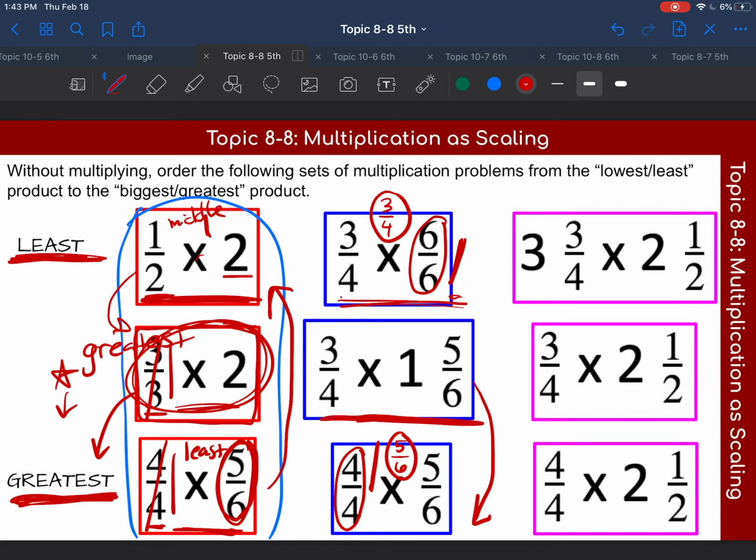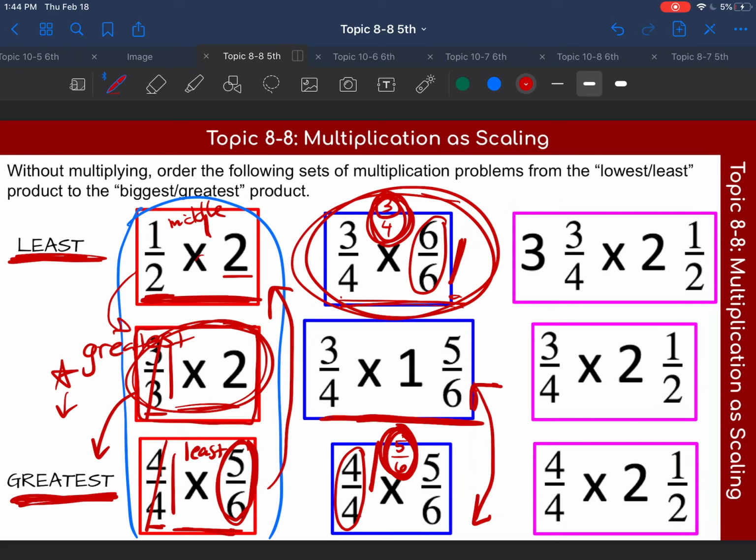You could find a common denominator between them, so you can compare them. But you can also think that a whole broken into 6 with 5 of them is more than a whole broken into 4ths with 3 of them. So 3/4 is the least, and you can keep that in its spot, and then just switch these two, because 5/6 is greater than 3/4.